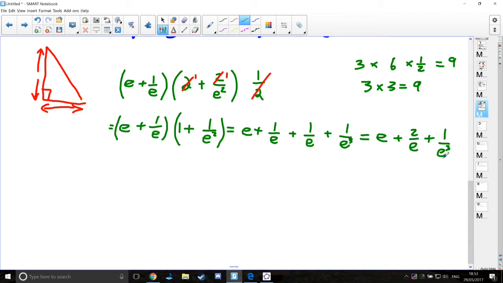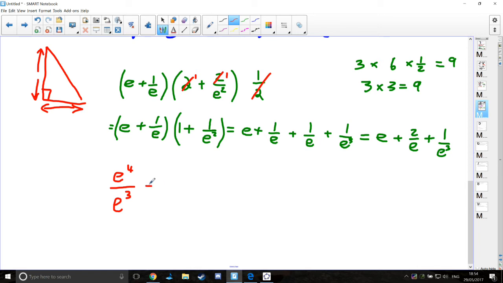So let's make everything over e cubed. So let's look at this first term here. If I want this to be the same thing, but over e cubed, I'll multiply by e cubed over e cubed. So that is e to the 4 over e cubed. Because if I cancel that, it becomes the same thing.